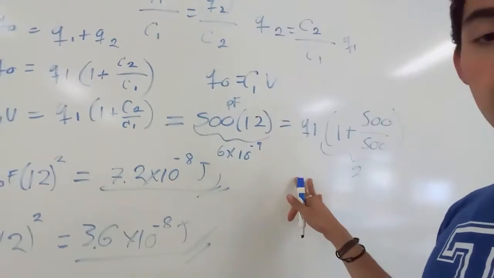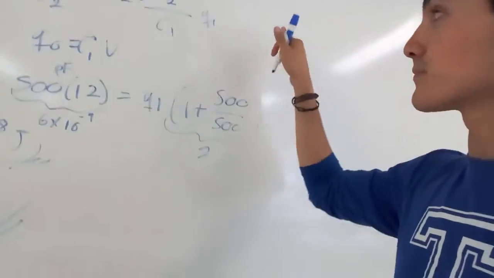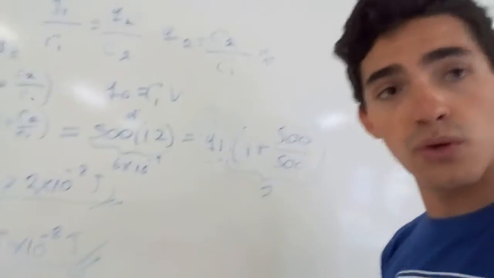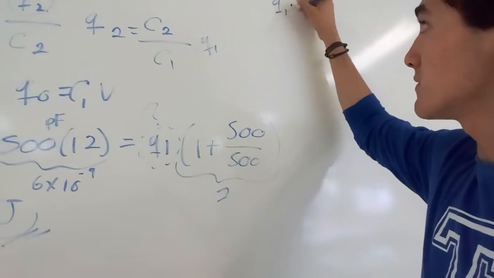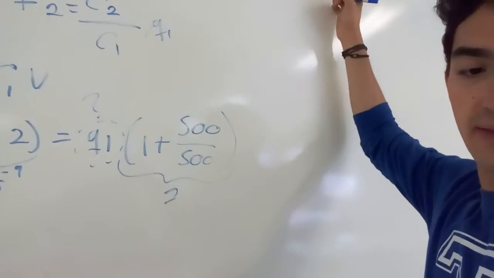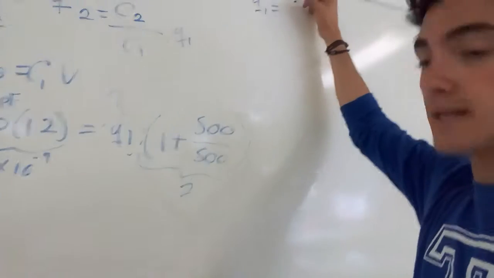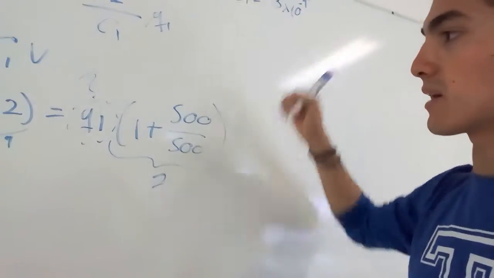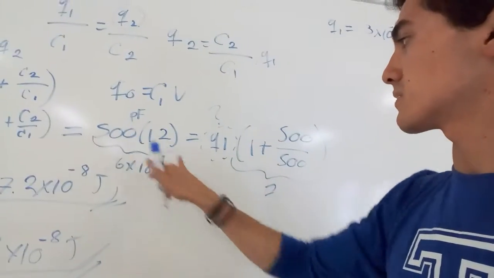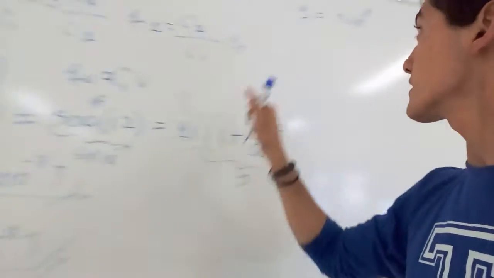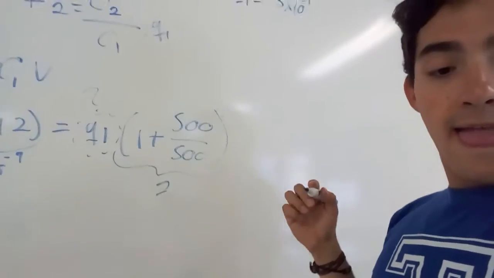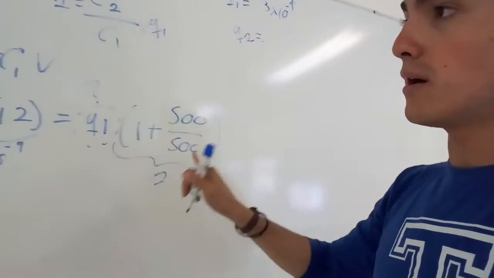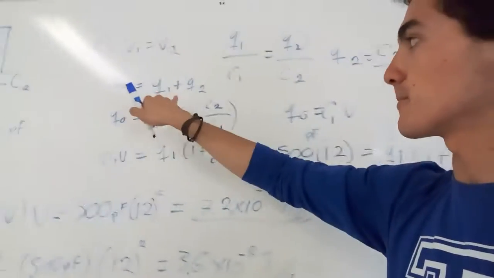So now we know this part. I'm going to continue in here. This is the only variable that we don't know, so we have to get it out of the expression, and we can obtain that the charge 1 is equal to 3 times 10 to the minus 9, because this part goes dividing in here, so it's 6 over 2. And now once we know this one, we can obtain the charge 2 by substituting in here.